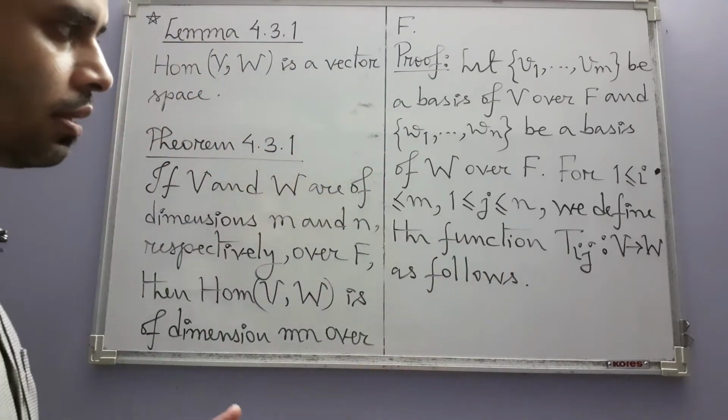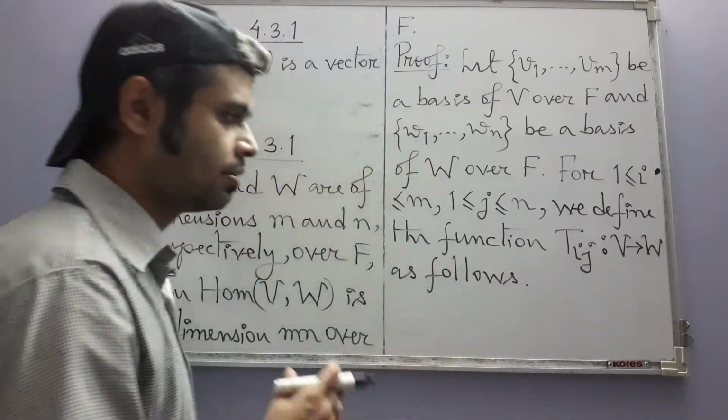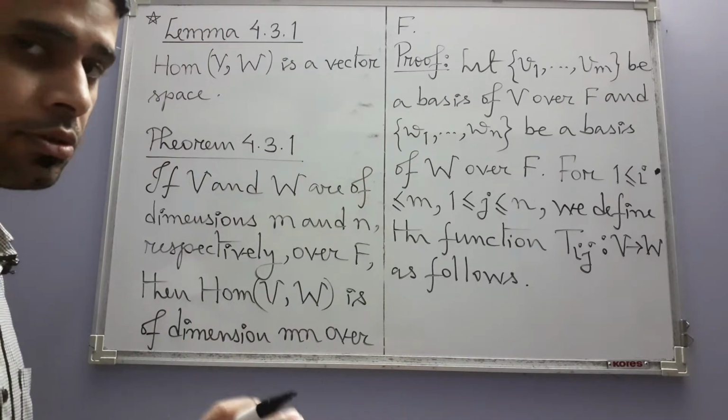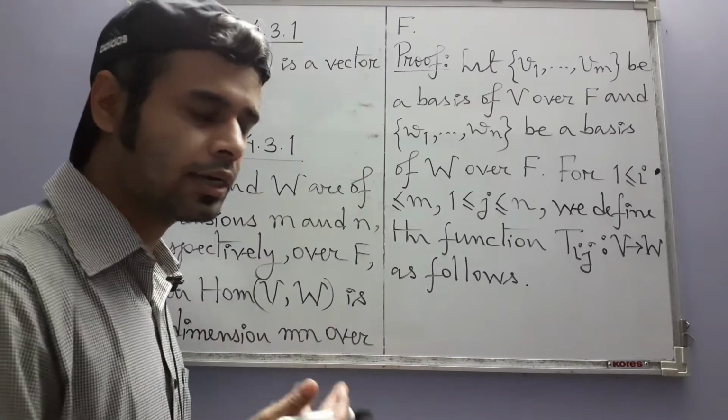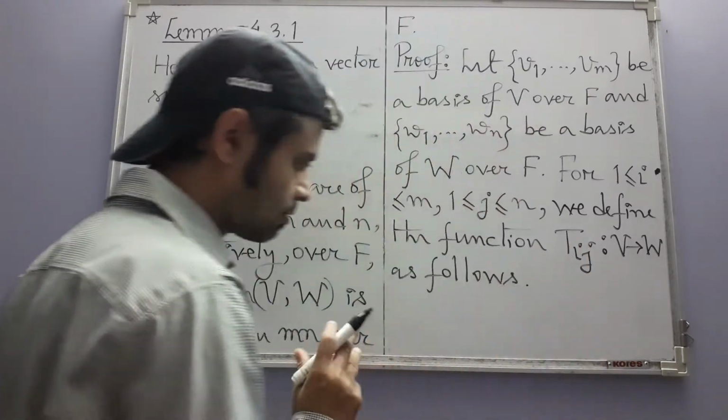So this will give us mn such linear transformations, vector space homomorphisms. They are also called linear transformations. So let us now see how they are going to be defined.